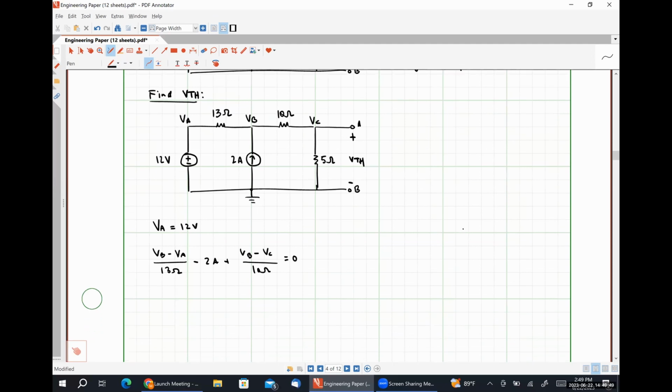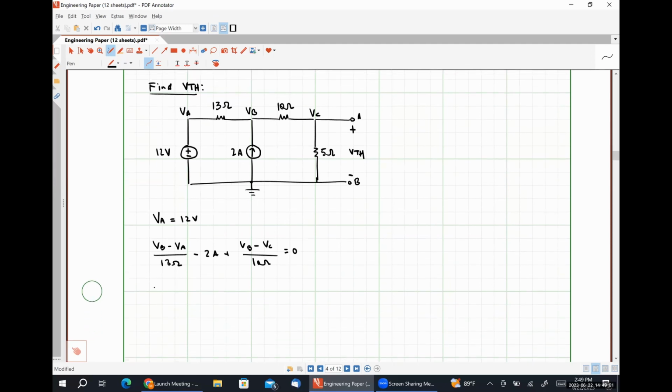Now I'm going to do KCL at node C. So that's going to look like (VC minus VB) over 10 plus VC over 5 is equal to 0. Solving this system of equations for VA, VB, and VC.